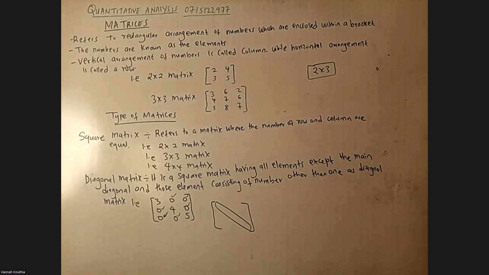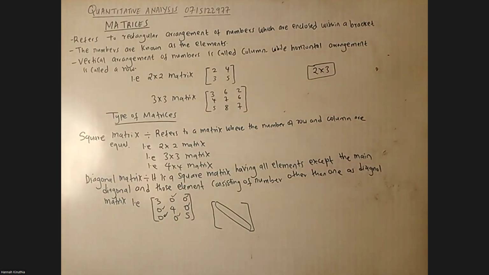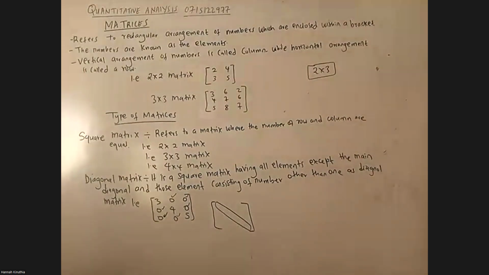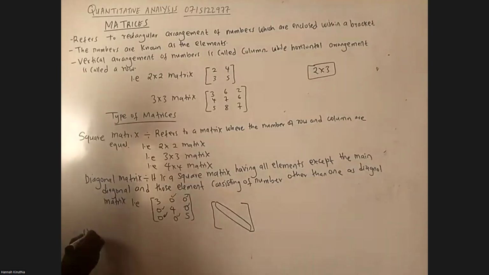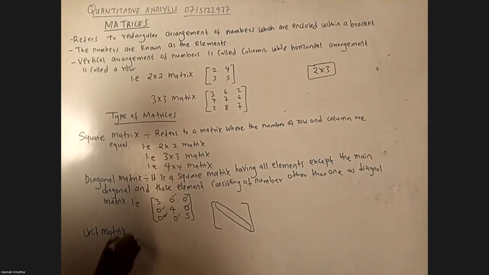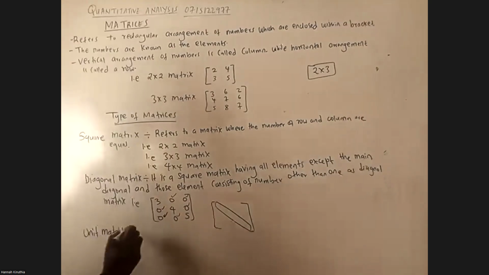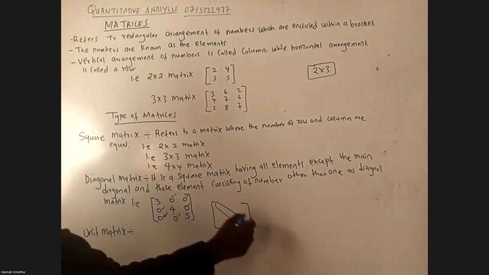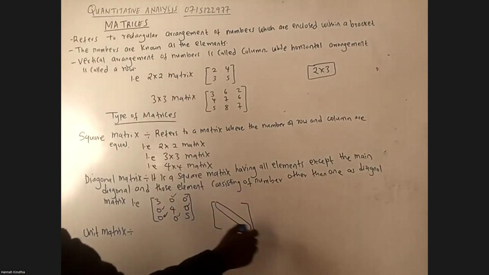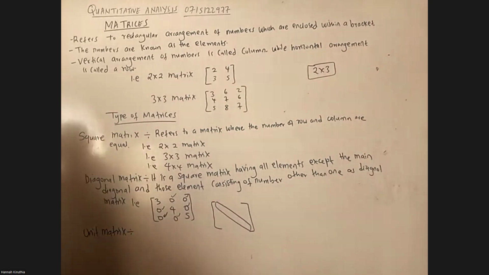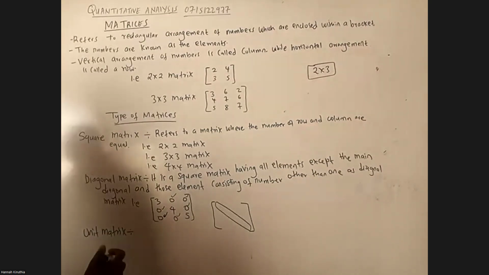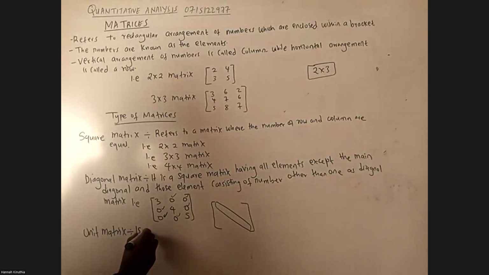Unit matrix. For a unit matrix, the main diagonal elements equal 1. It must also be a square matrix, but the elements in the main diagonal are equal to 1.